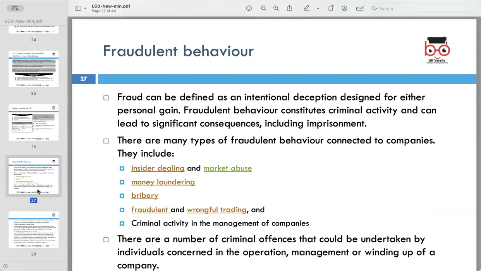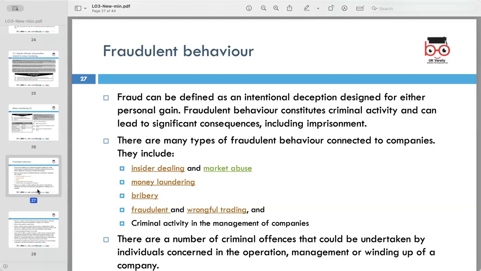Various types of fraudulent behavior are associated with companies, including insider dealing, market abuse, bribery, fraudulent trading, and criminal mismanagement. Individuals involved in the operations, management, or winding up of a company may commit criminal offenses under fraud legislation.